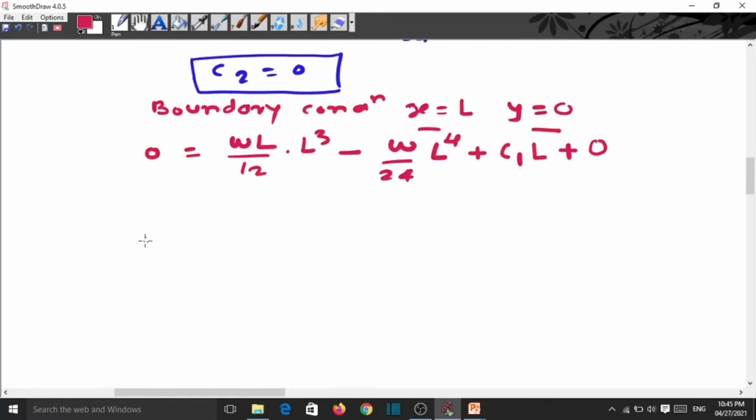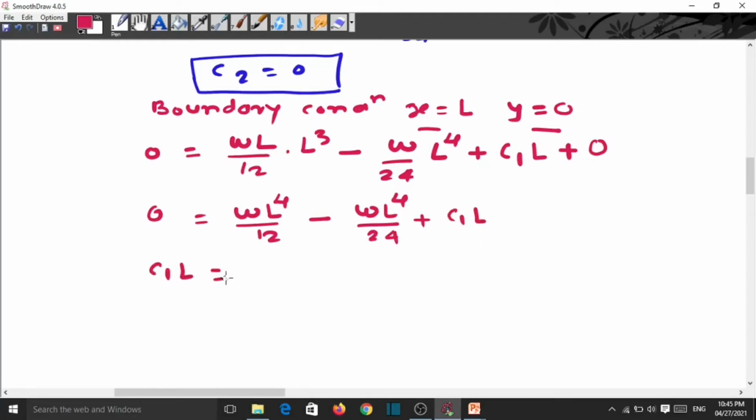So this is equal to WL raised to power 4 by 12 minus WL raised to power 4 by 24 plus C1L. So C1L is equal to, this becomes the positive WL raised to power 4 by 24 minus WL raised to power 4 by 12.